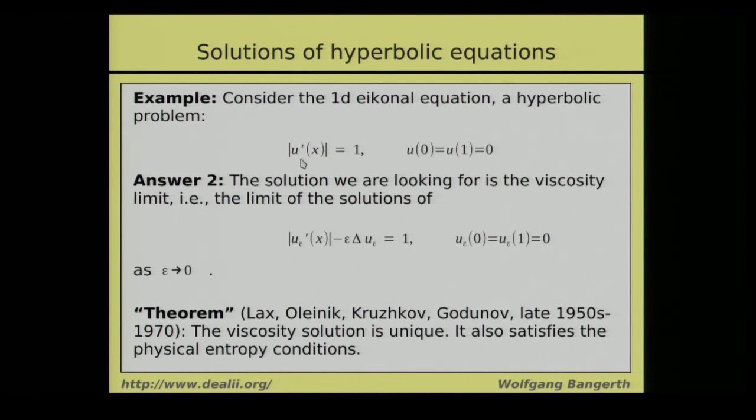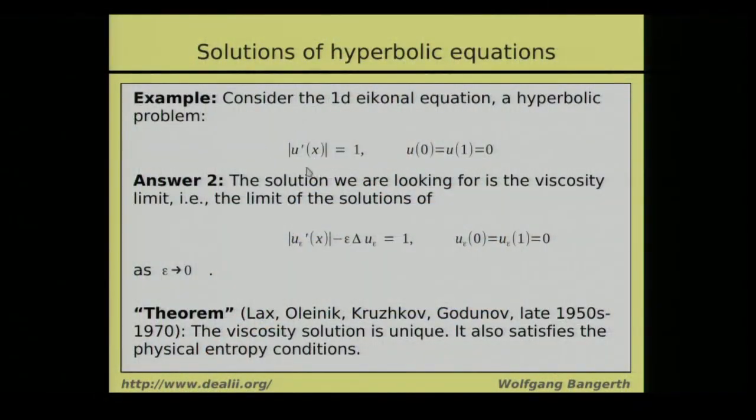This is often called a theorem, when in reality it's a whole set of theorems derived by many of the big people in hyperbolic conservation laws, like Lax and Oleinik and Kruzhkov and Godunov, over a span of maybe 20 years, who figured out that the unique viscosity solution is in fact the physically correct one out of the infinitely many solutions of this equation up here.